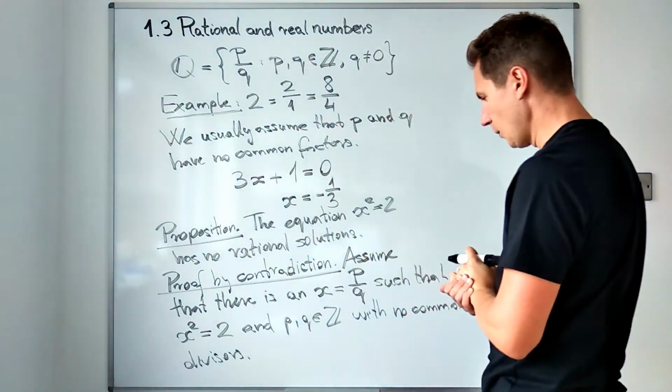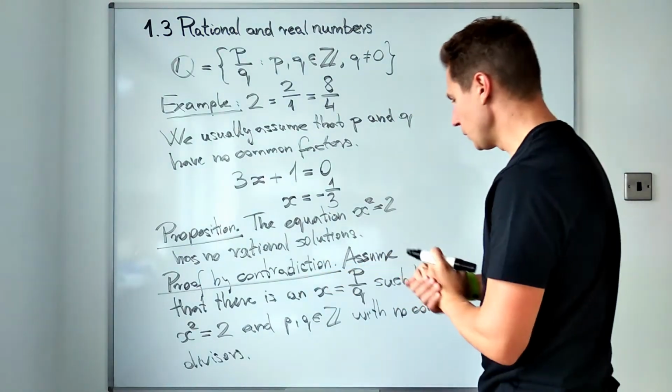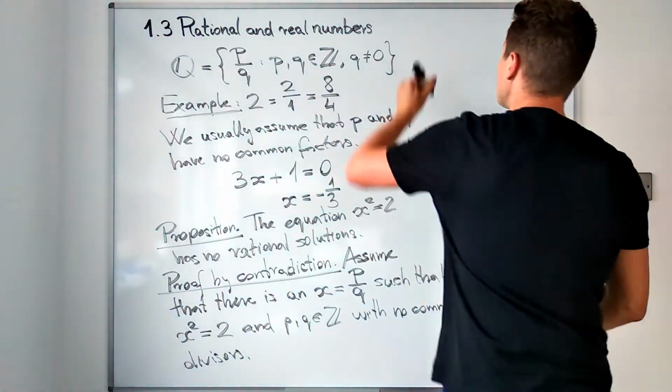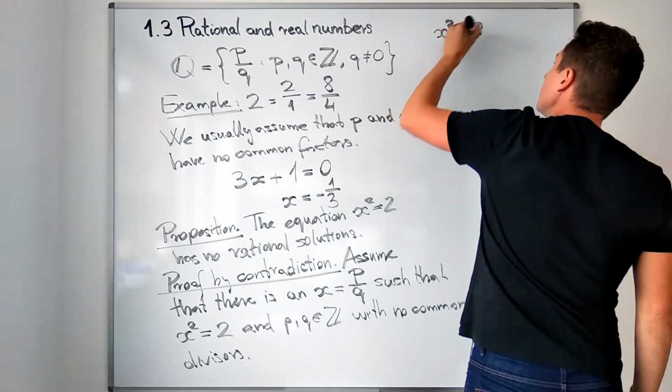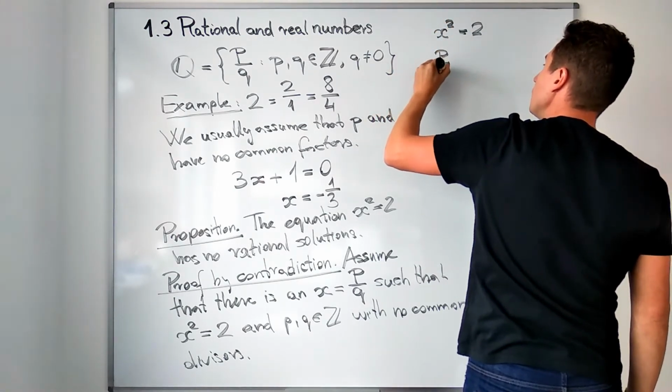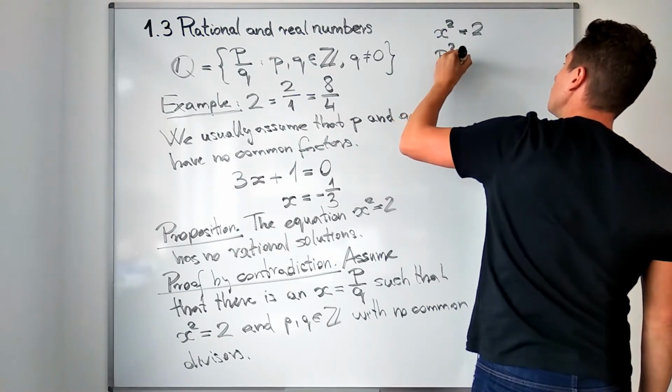So we are assuming that there is this rational number x, which squares to 2. Let's see where it takes us. So if x squared is equal to 2, that means that p over q squared must be equal to 2.